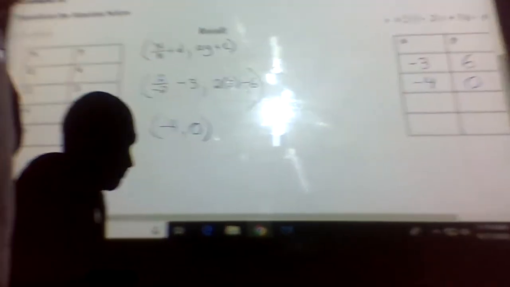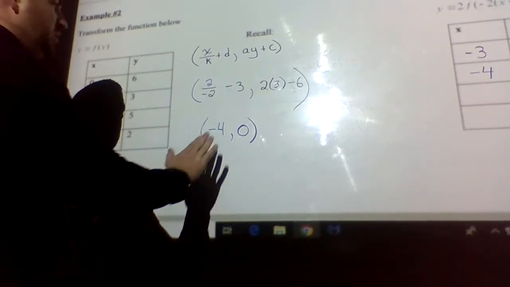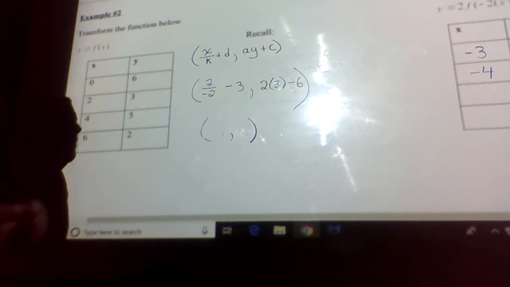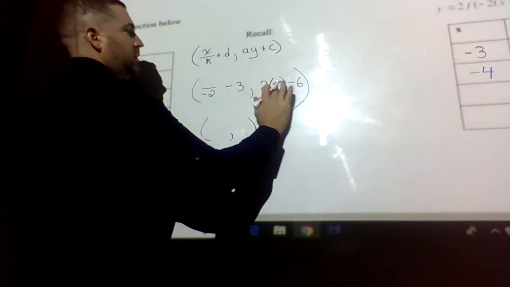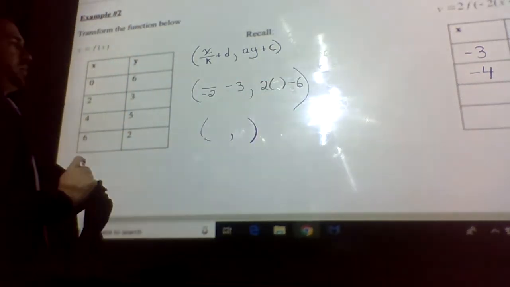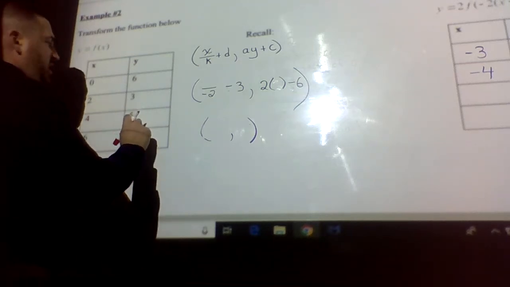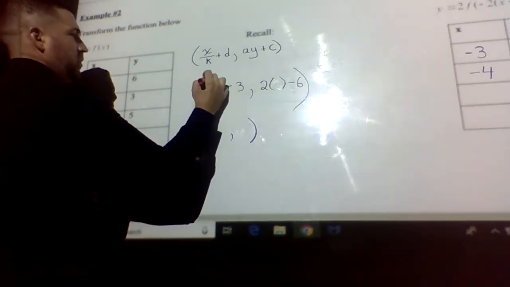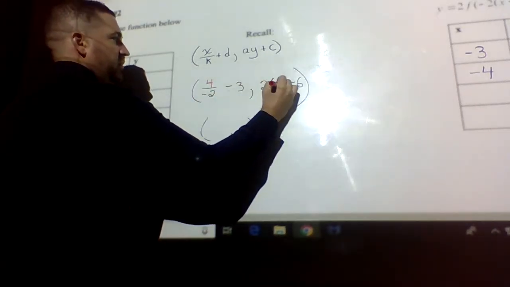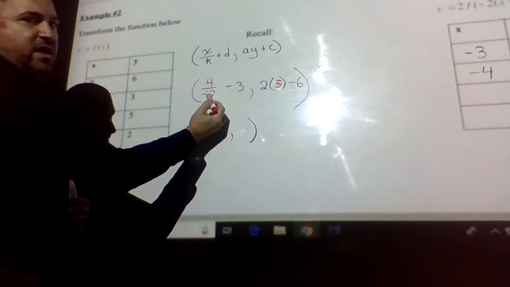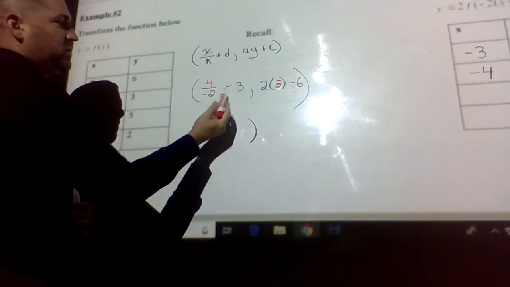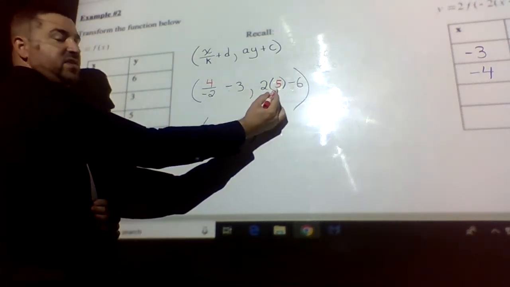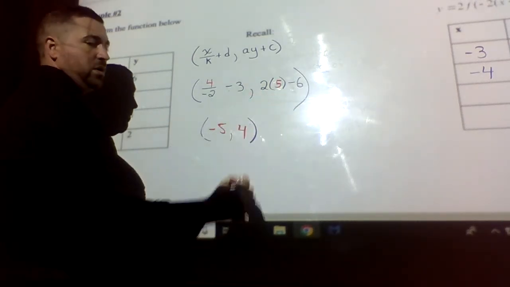Let me do one more and then you'll see the pattern. So now our last ones. We have 4 and 5. 4 divided by -2 is -2. Subtract 3 is -5. 2 times 5 is 10, minus 6 is 4.